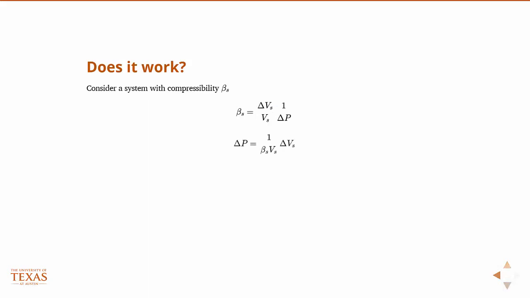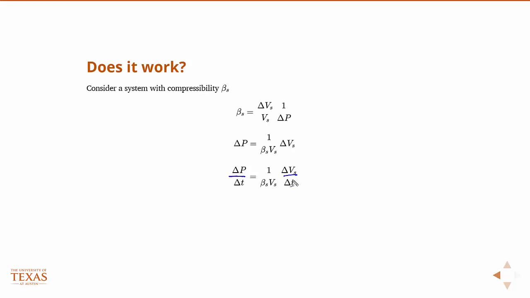So if we solve this equation for delta P, we have this, right? And then we're going to divide both sides by delta T, which is valid, right? We can manipulate equations as long as we do the same thing to both sides.